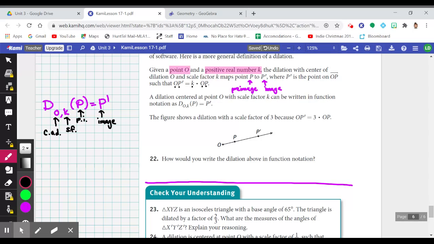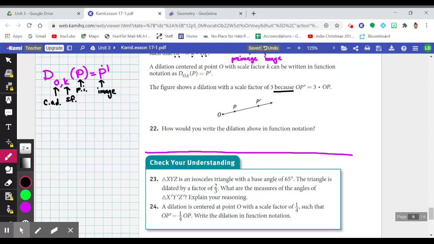So a dilation centered at point O with scale factor K can be written in this function notation, where O is our center of dilation, K is our scale factor, P is our pre-image, and P prime is the image. So here we have this example. The figure shows a dilation with a scale factor of 3 because, not because we made it be that, they're comparing the lengths.